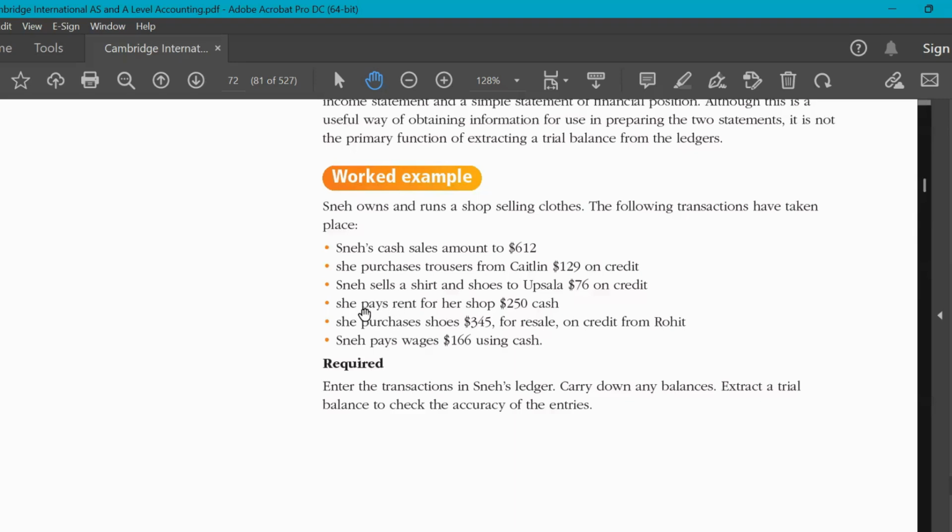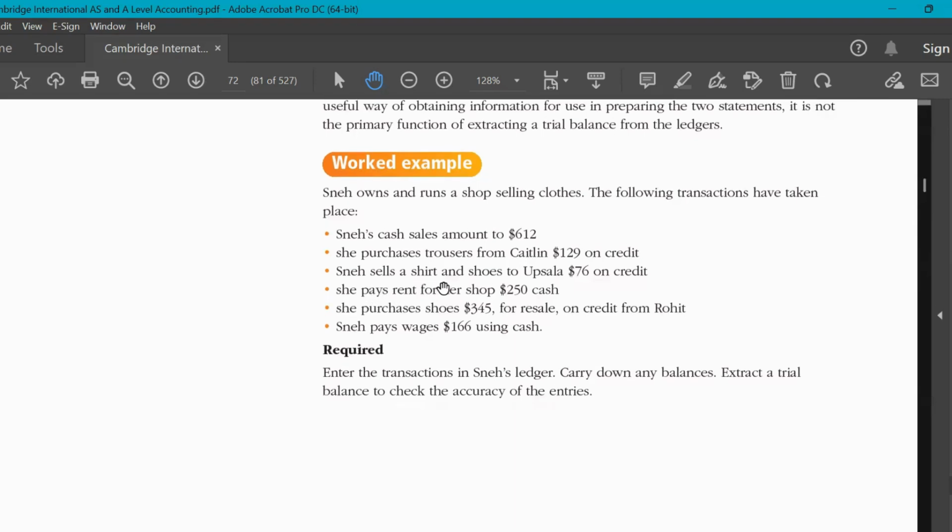Now, the third is Sine sells a shirt and shoes to Uppsala, $76 on credit. So Sine sells products to someone. But then the question is, has Uppsala bought it? Yes, she bought it, but has she given the cash?